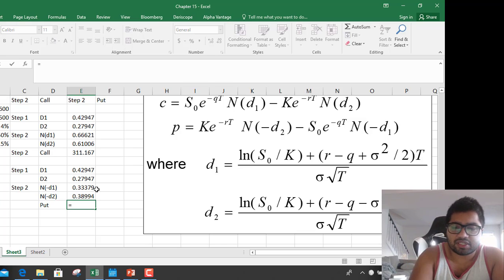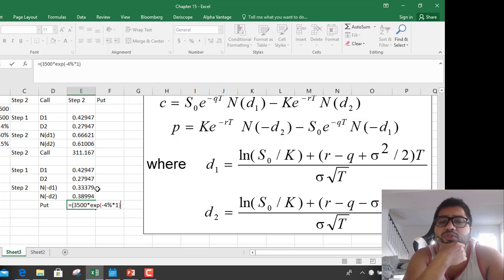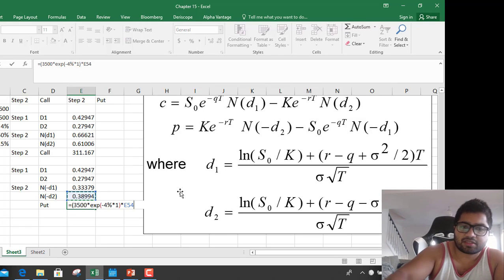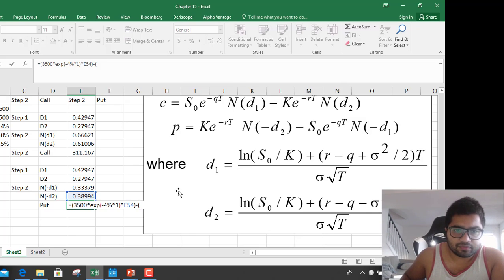So if you use the put function, it will be K. K is 3500 times, so I'll put it in the bracket so that we don't go wrong, 3500, okay, times exponential risk-free rate 4% into 1, and multiplied by N minus D2. So N minus D2. Subtract this by S0.